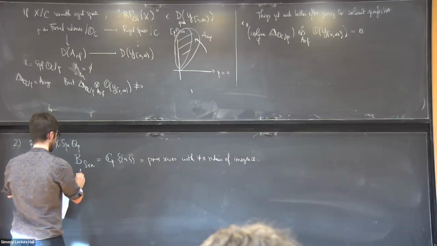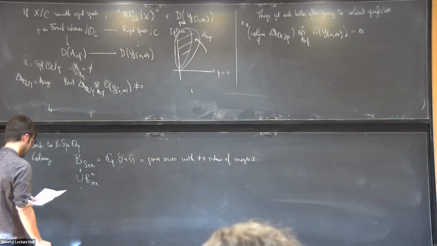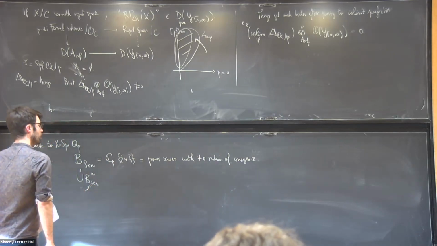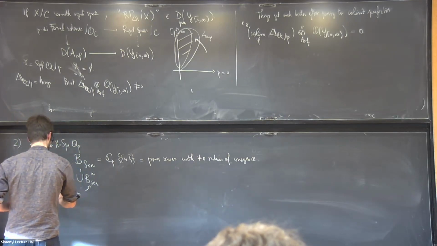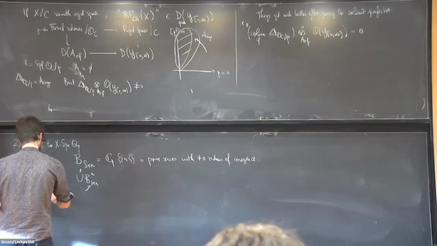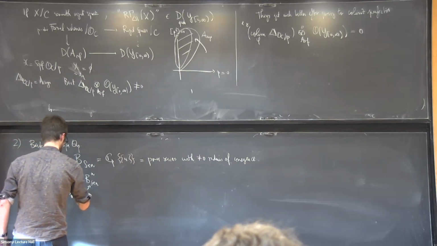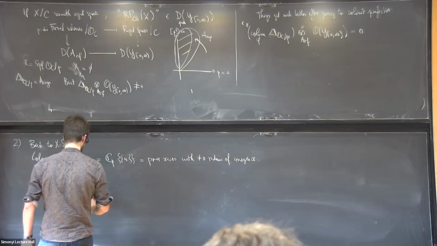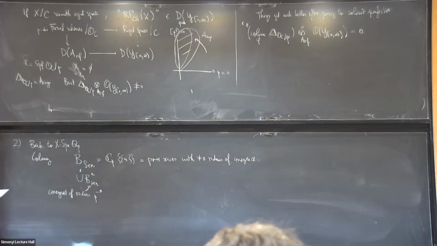So you can write it as a union of subrings B_Sen,n, where B_Sen,n will denote the subalgebra of power series which are convergent of radius, I think, p^(-n), at least for p.